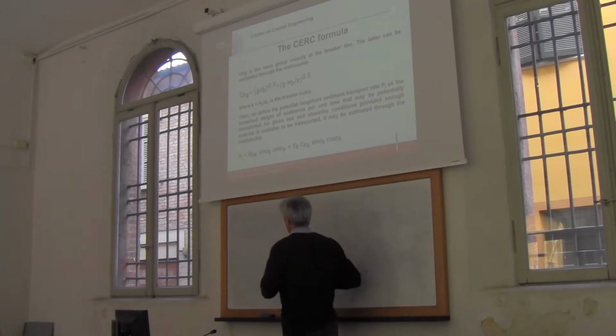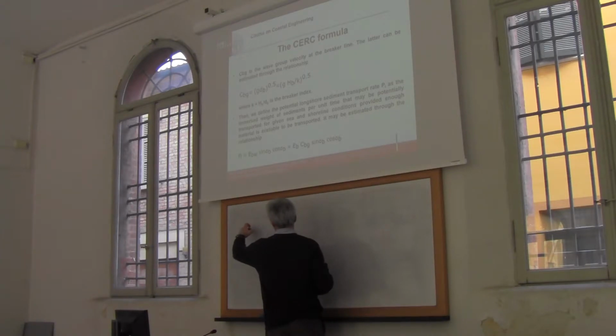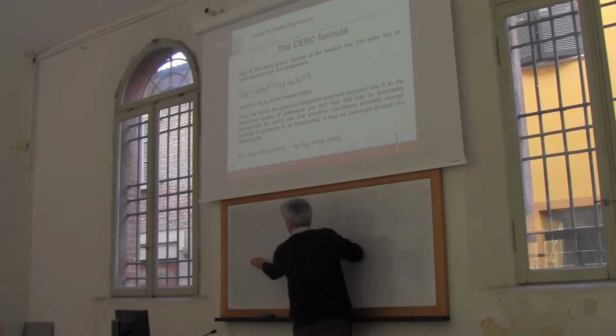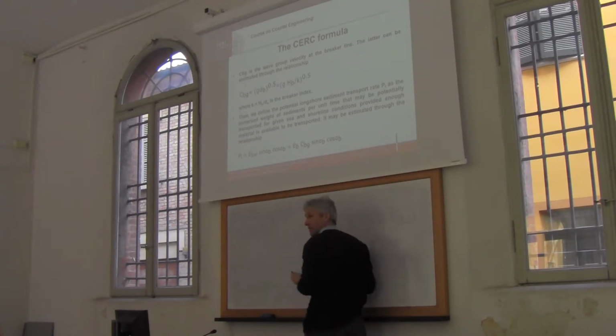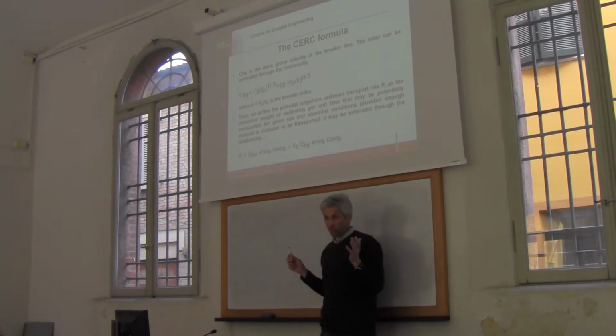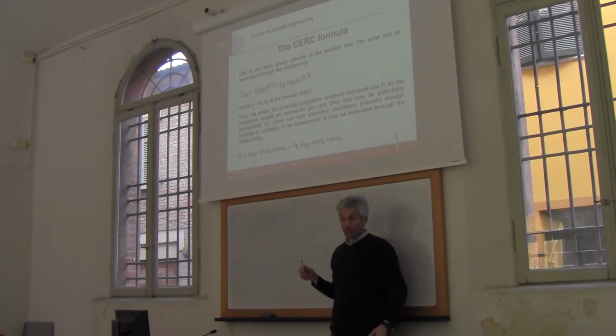If I bring the wave perpendicular, so I make the breaker line, the red line, more parallel to the coastline, alpha tends to 0. So what's reasonable to do is to introduce the multiplier sin alpha.